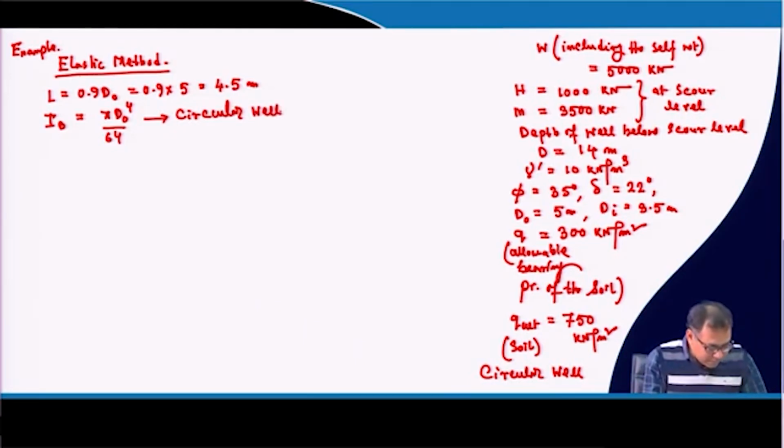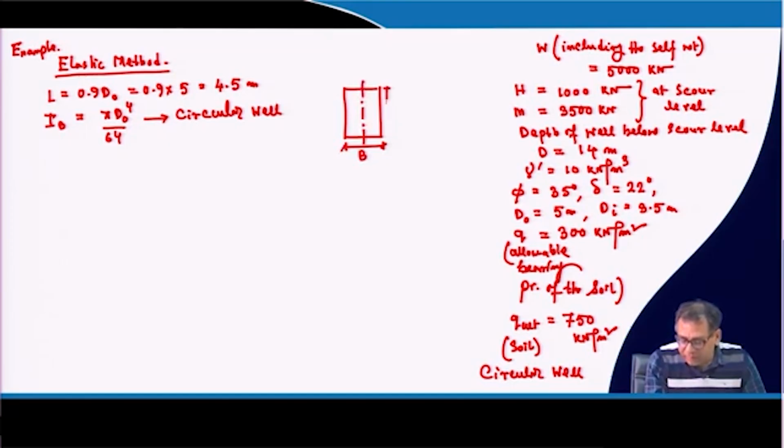Now, for the rectangular well, suppose this is B, this is L. So, your IB will be L B cube divided by 12.